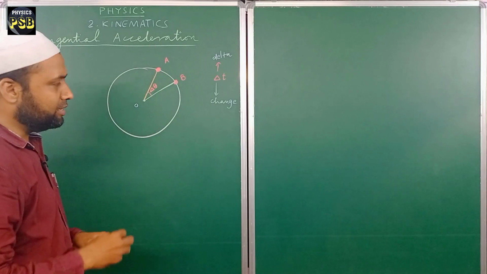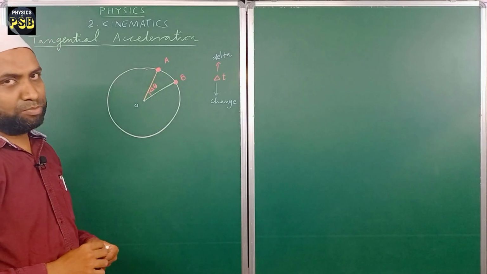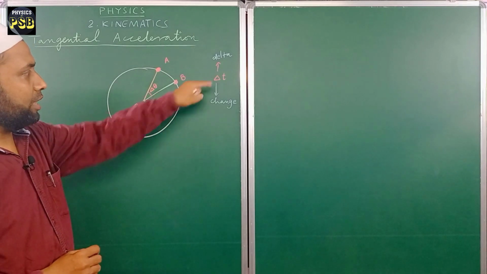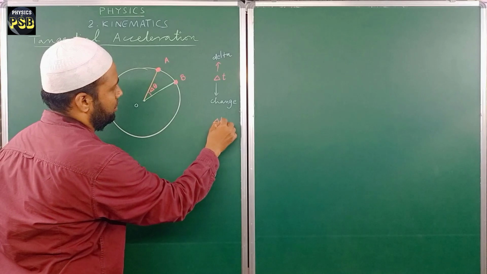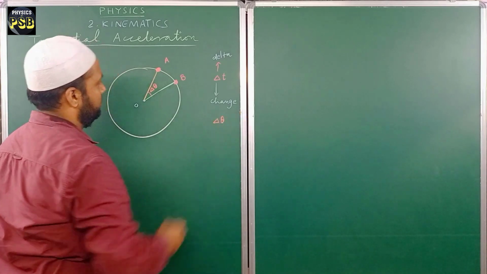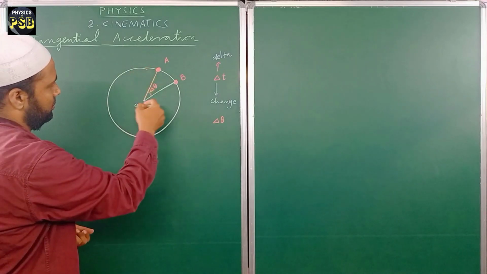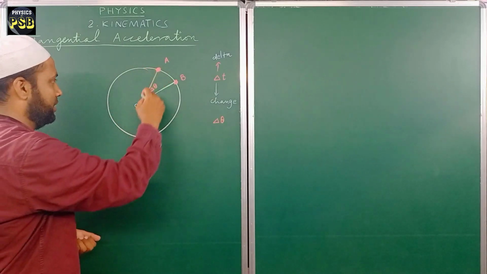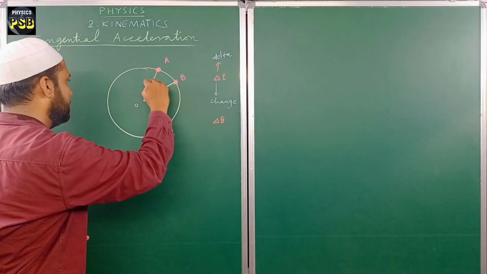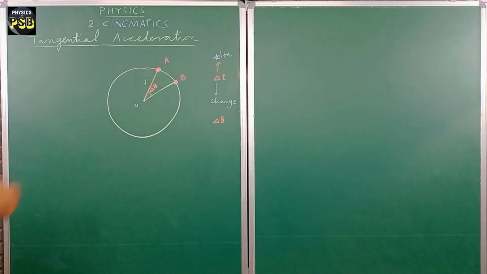So delta theta is the angular displacement for time delta t. Clear? And this line which connects the object to the center provides us the radius of this circular path. Am I right?